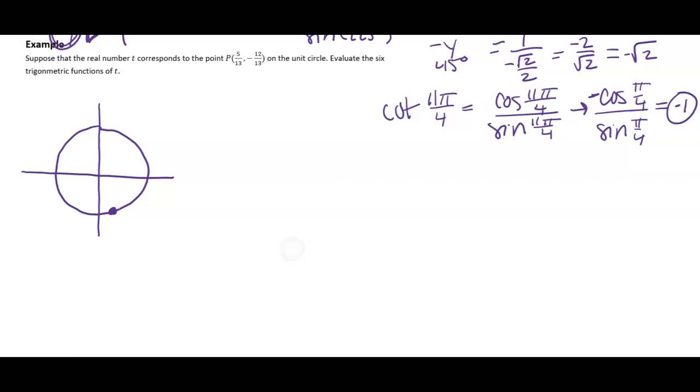And so this must be my terminal angle, and this must be my t. Well, if I drop this here, I should see that x is 5/13, and this is negative 12/13. And since I'm on the unit circle, this is a radius of 1.